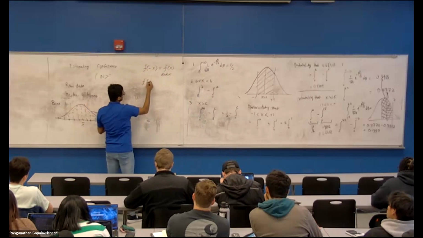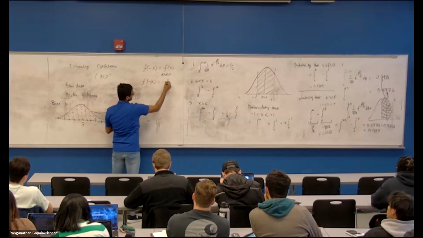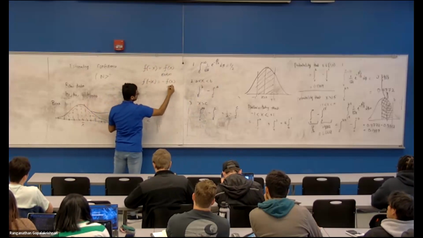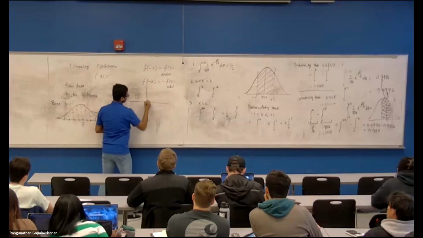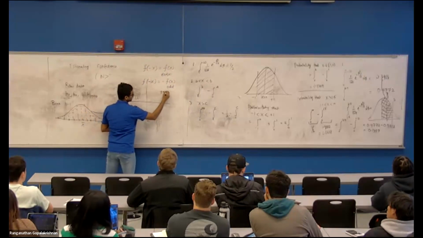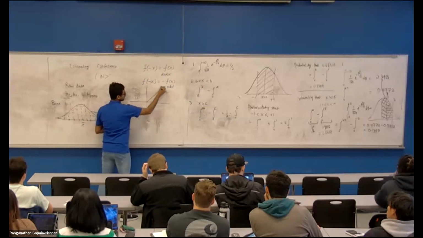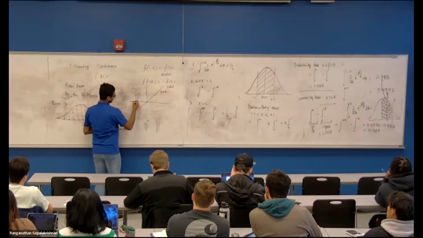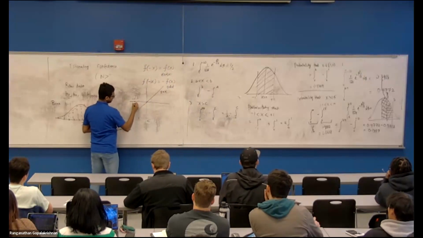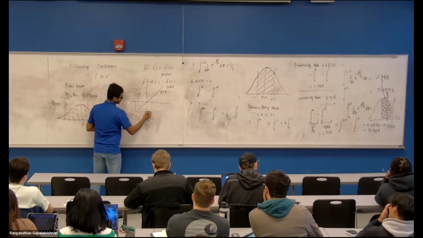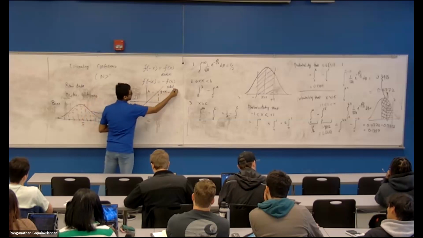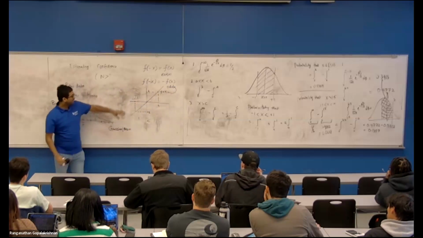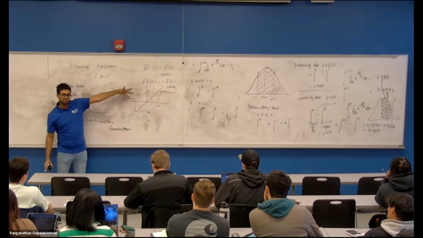If f of minus x is equal to minus f of x, that is an odd function. Example: take y equal to x. The graph looks like this. If you have -1, the value is -1. If you have +1, the value is +1. So this is an odd function. You get an inverted mirror image.